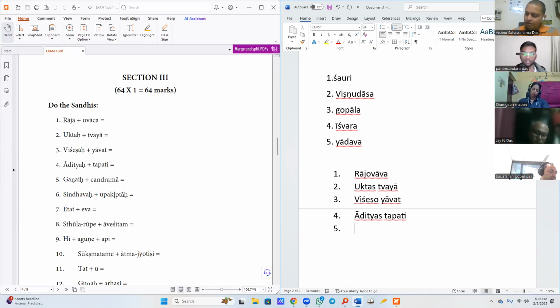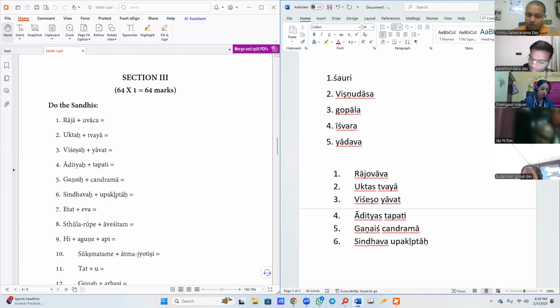Ganaih Chandrama. Sindhavah upakrtah, so Sindhavah, with a space, upakrtah. Advaya bhuvago.